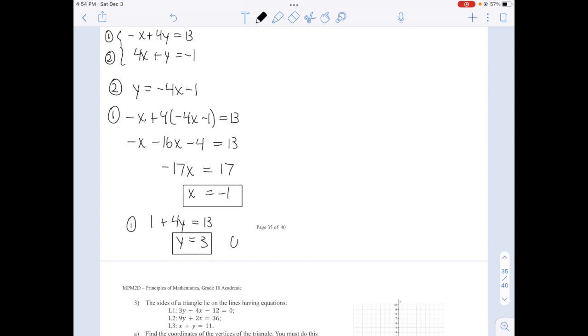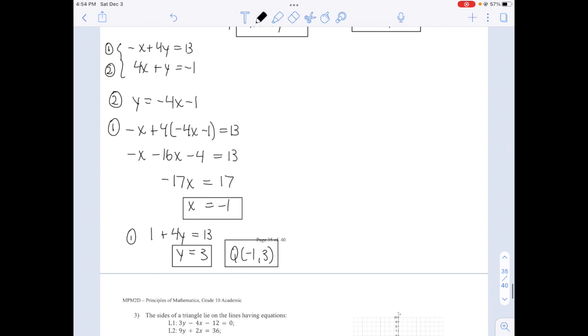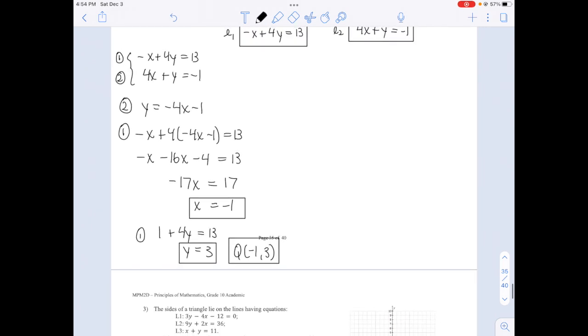Okay, so Q in this case is (-1, 3). If I went a little fast for you there, you can pause the video and figure out how I got y equals 3. So my final step is to find the distance from E to Q.